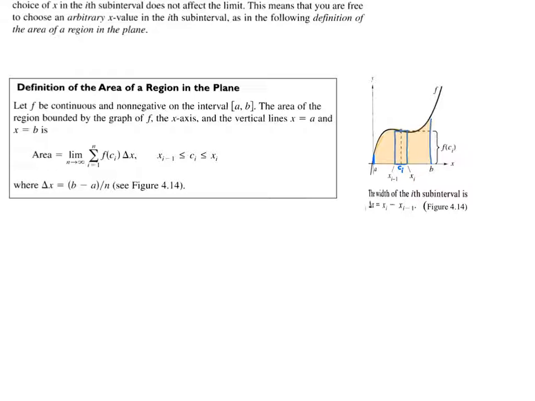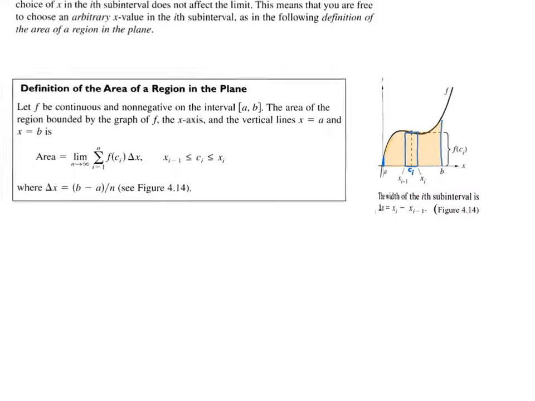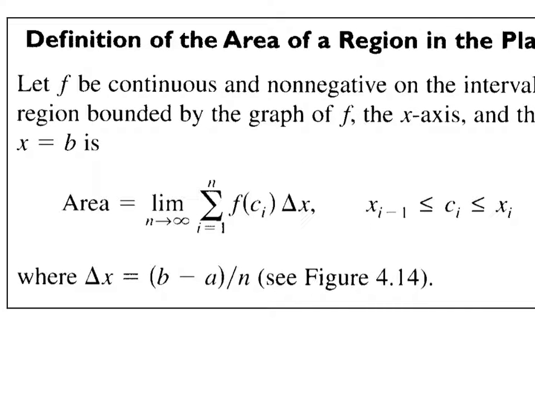So now, again here, area equals this limit. This is just different notation for the same formula. We have the limit as n approaches infinity of the sum from i equals 1 to n. Yesterday the notation we used was a plus i times b minus a over n.